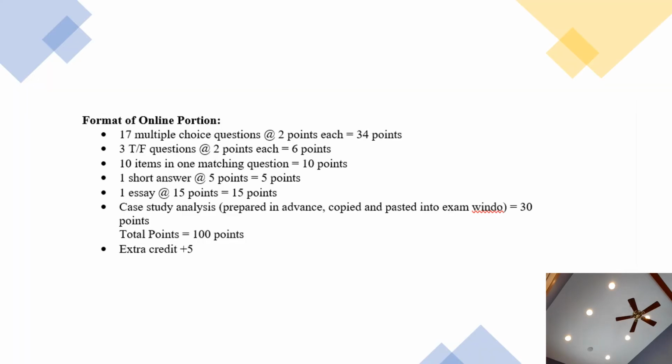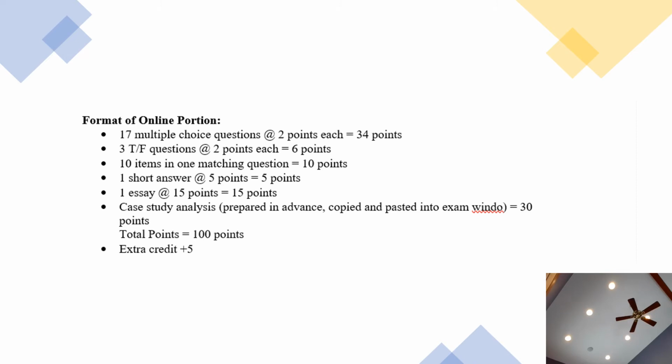The format of the online portion, part one, consists of 17 multiple choice questions at 2 points each for 34 points, 3 true-false questions for 2 points each at 6 points, 1 matching question with 10 items, 10 points, 1 short answer at 5 points, 1 essay at 15 points.